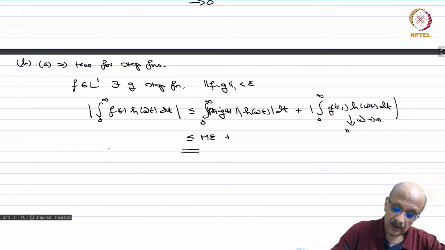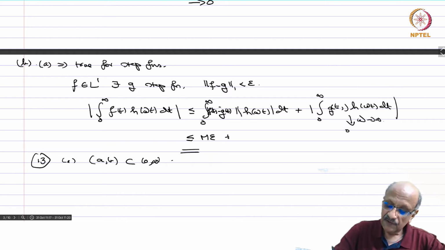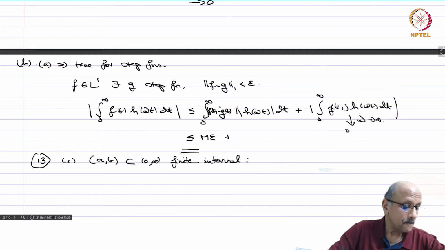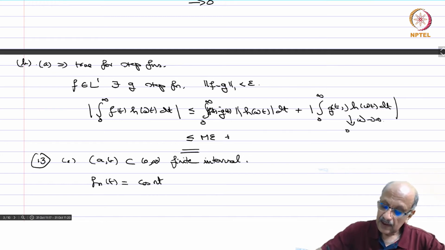Okay, so next, 13 A. Let AB be contained in 0 infinity, a finite interval, and let f_n of t be cos n t and g_n of t equal sin n t.